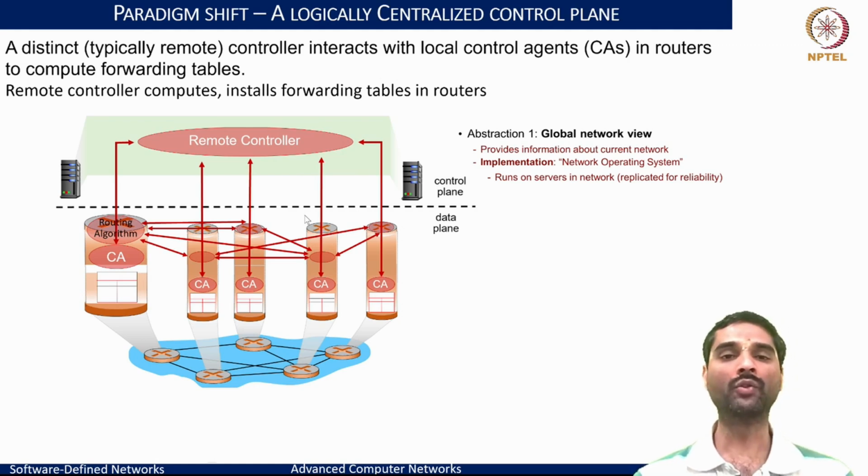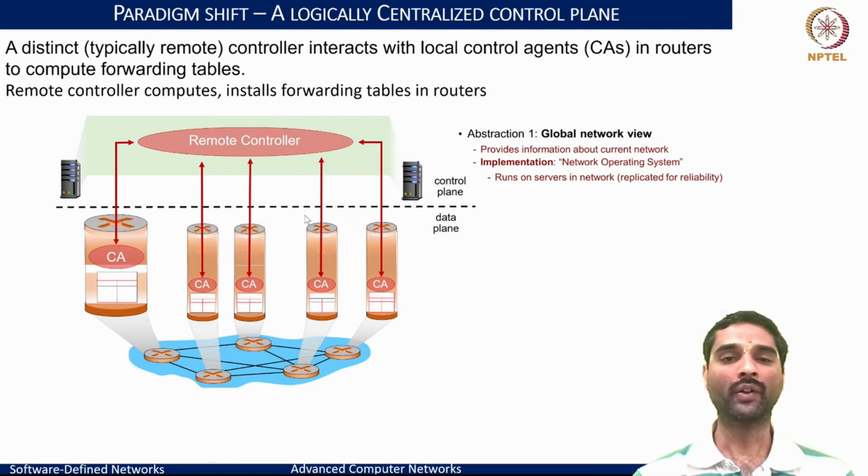And then, once you have a remote controller that is able to get the global network view, it can compute the global routing table. Note that this routing table reflects the global map independent of each of these routers.